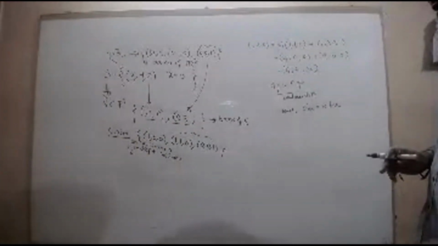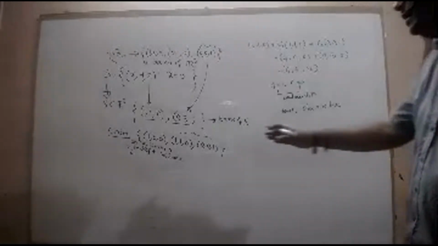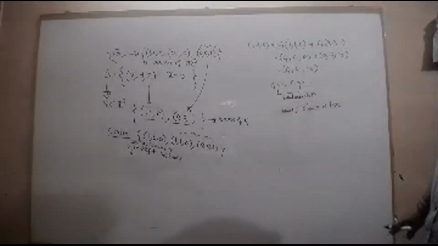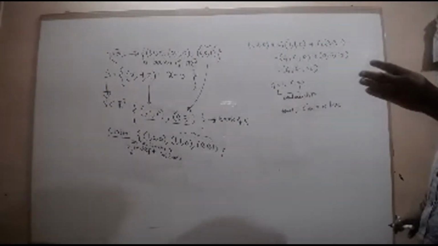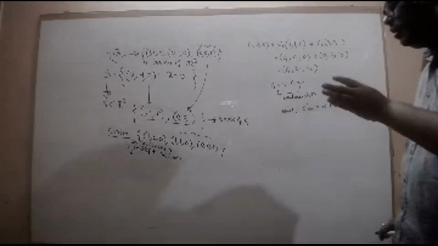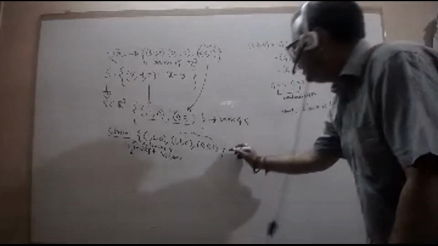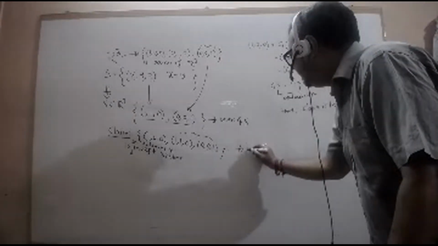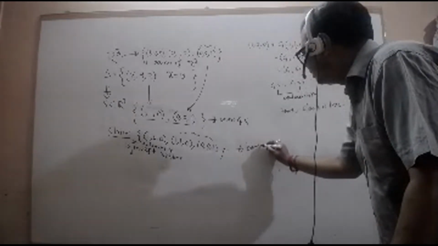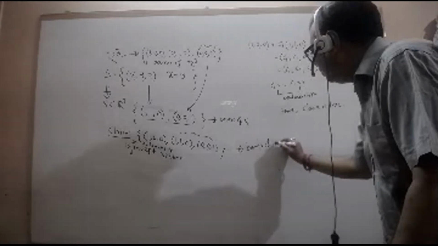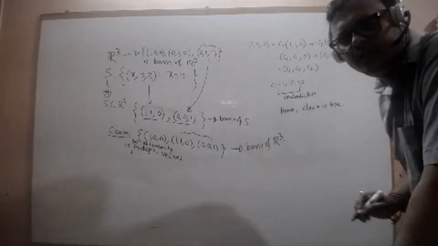Okay. Thank you. So now you see that since this is a set of independent vectors and the dimension of R3 is 3, this is again a basis of R cube. Clear?